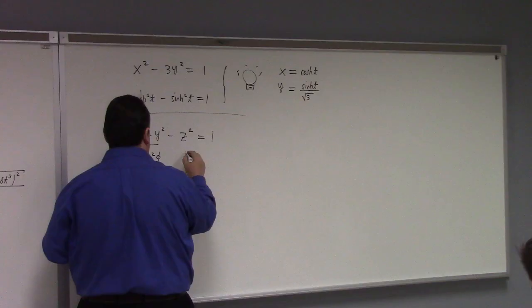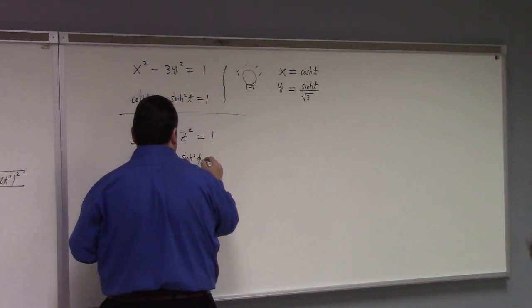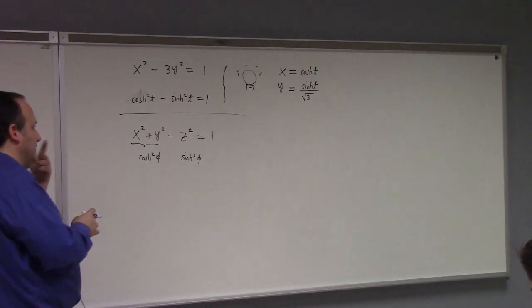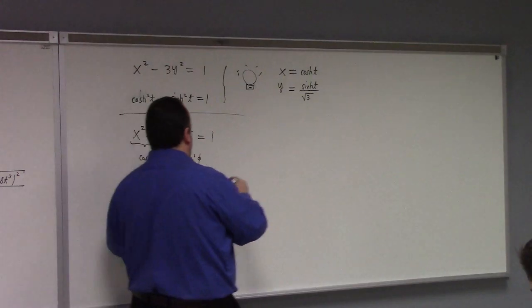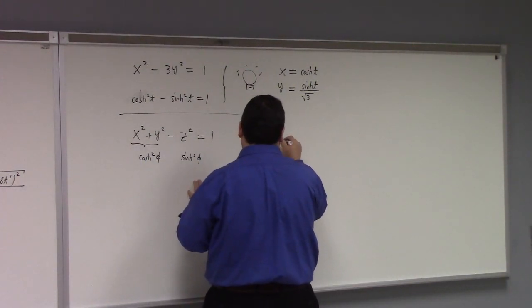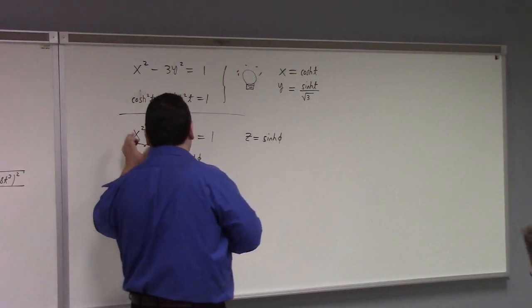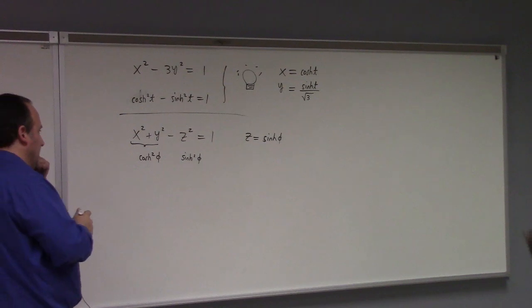And I want this somehow to work out to sinh squared, because then cosh squared minus sinh squared is 1, it works, right? So evidently I should make z equal to sinh phi here. That'll work nicely.